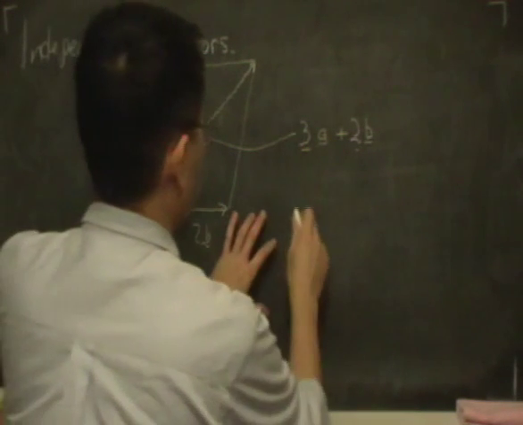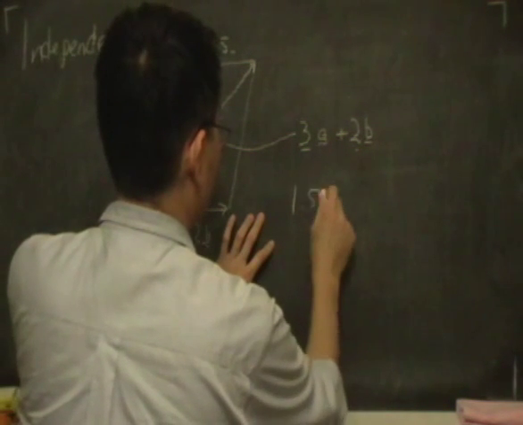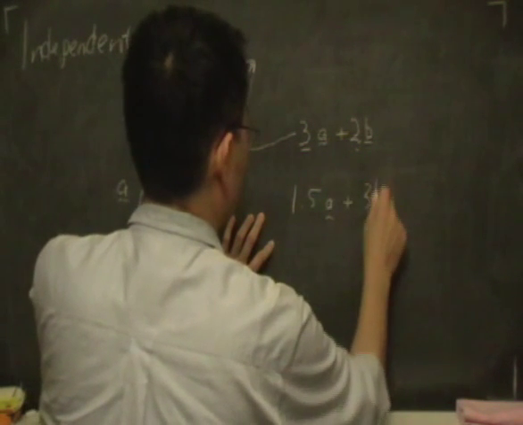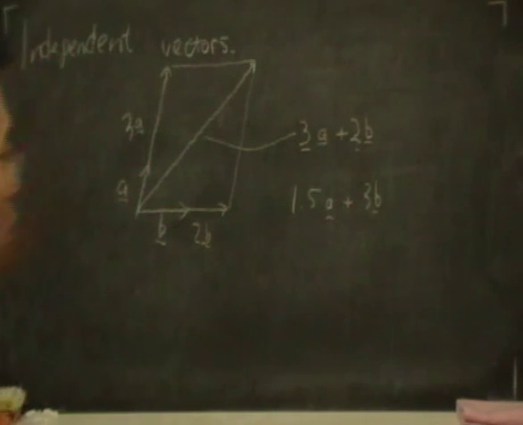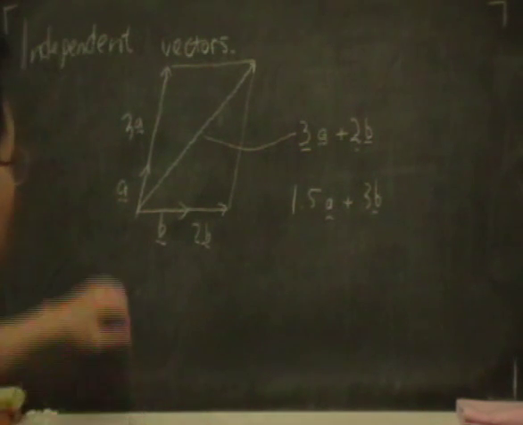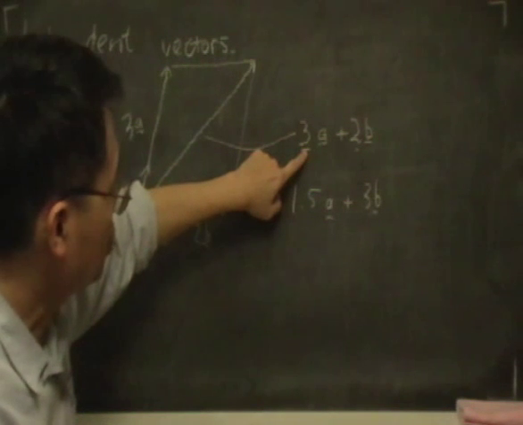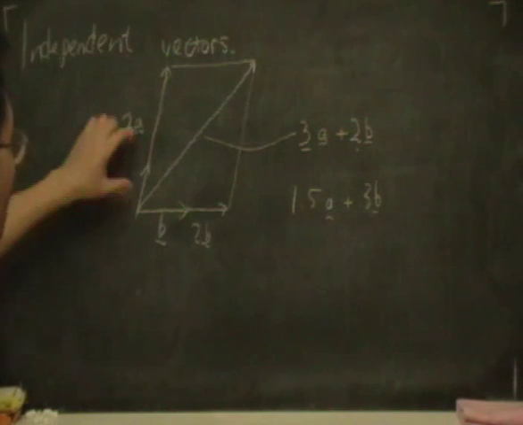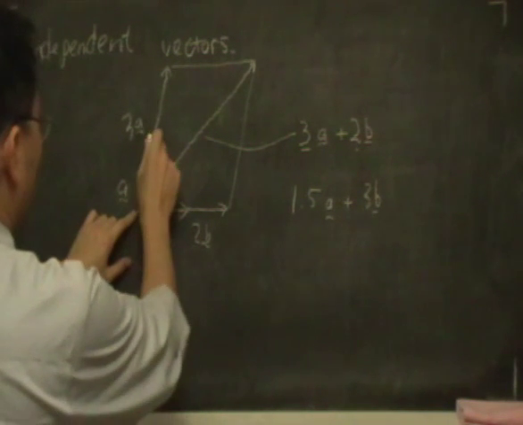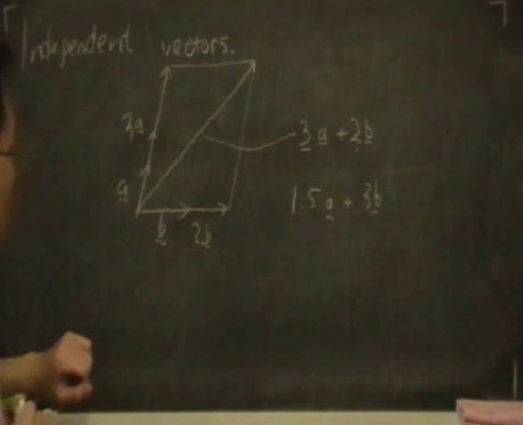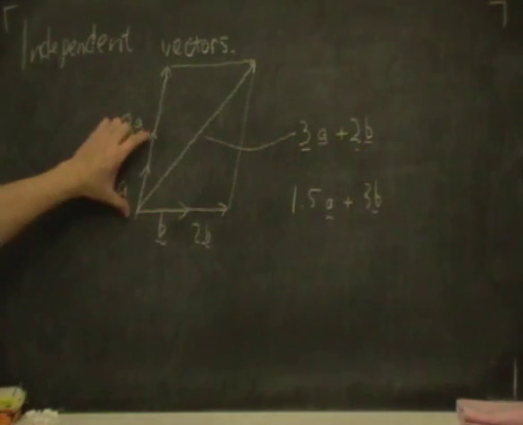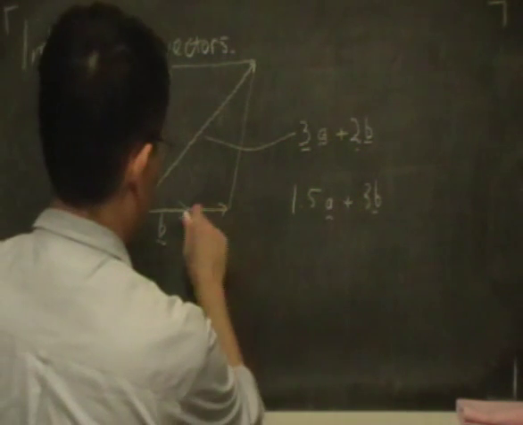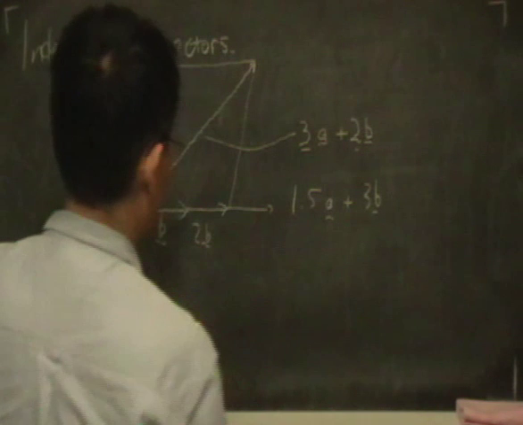Suppose that instead of 3, I change it to 1.5, and instead of 2, I change it to 3. Now if I do that, then I'm changing the length of 3A to 1.5A. So I might have a vector there which goes up roughly by this amount, and 2B changes to 3B, which would give a vector that is a bit longer.